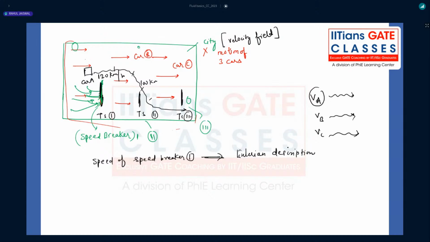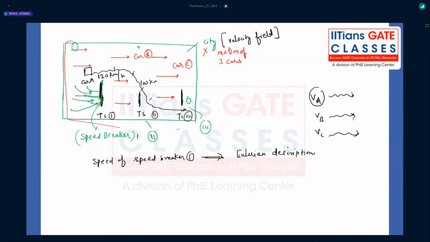Right? It's a very awkward feeling, because we always ask, what is the velocity of the ball? What is the velocity of the car? What is the velocity of the object?